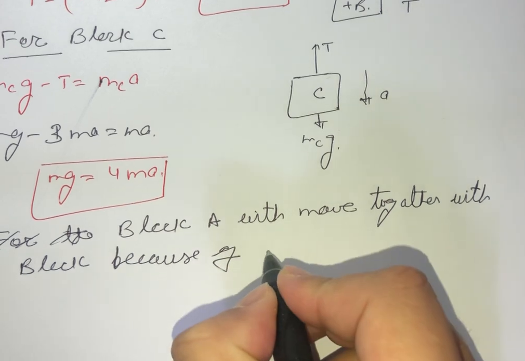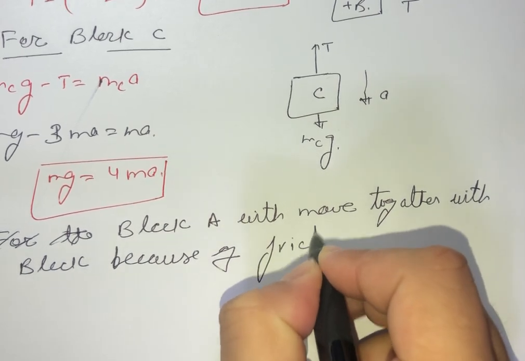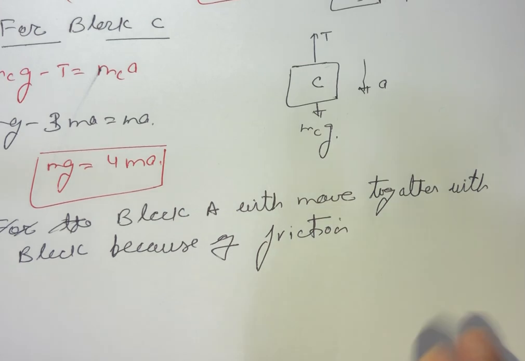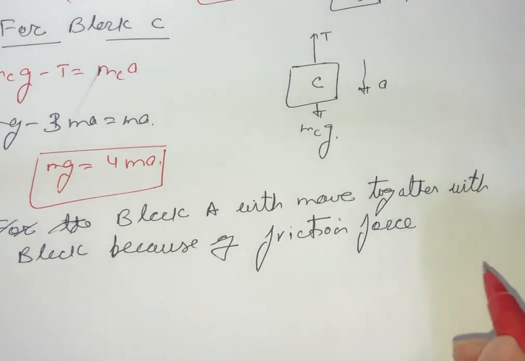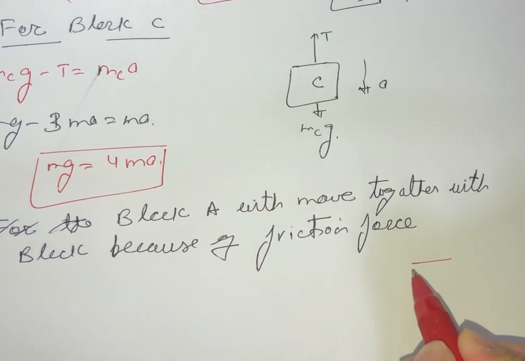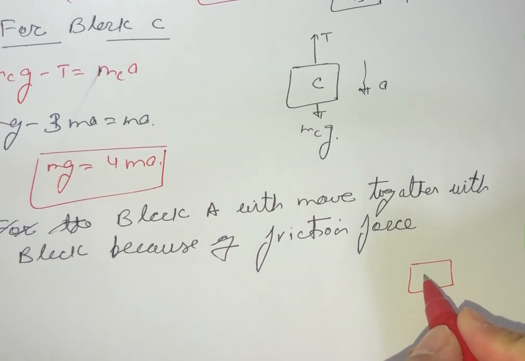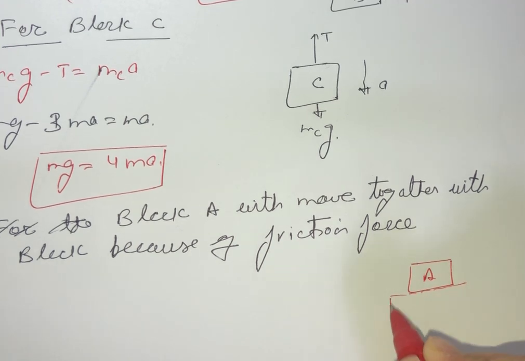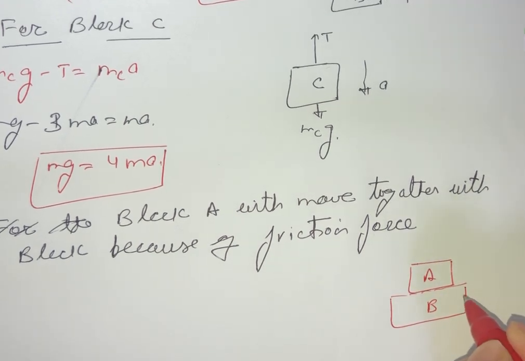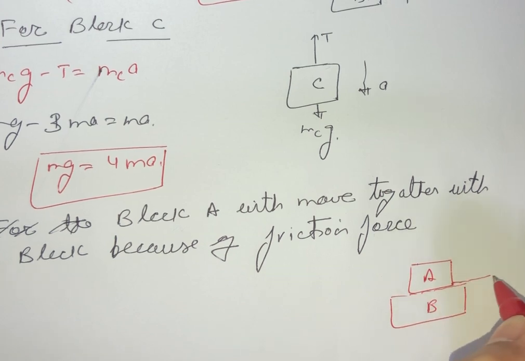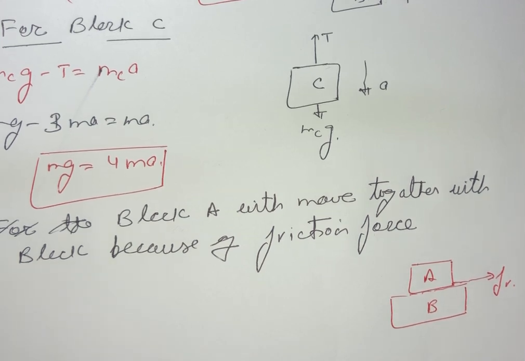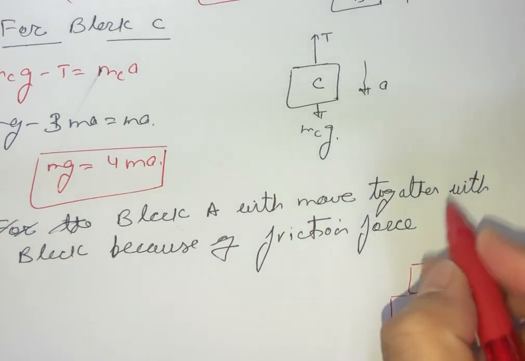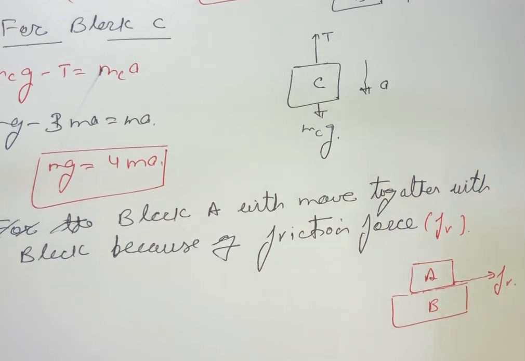So this is block A, and this is our block B. So force of friction will move block A and block B together. Okay, force of friction, which is given as Fr, and there is a tension T on it.